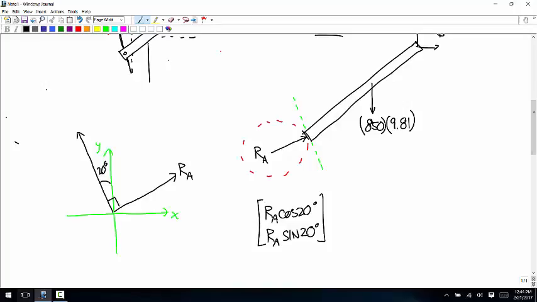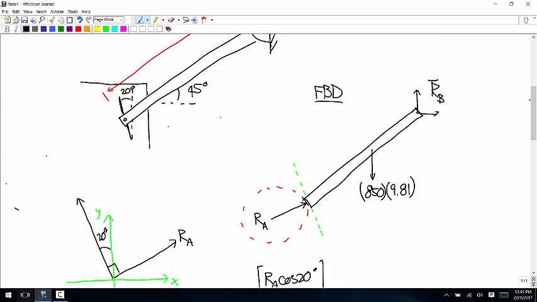And then the 45-degree angle you're going to use for the row vectors. Like if you put your about point here, use that 45-degree angle to figure out the vector from the about point to where this force is applied and where this force is applied. Okay.